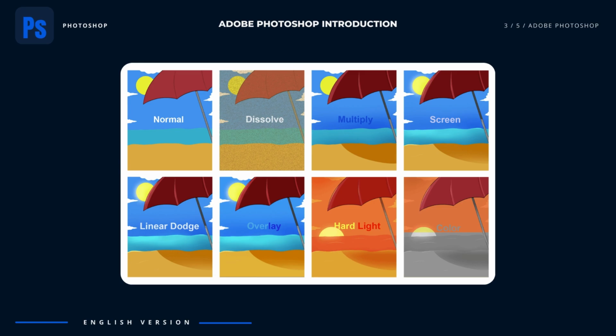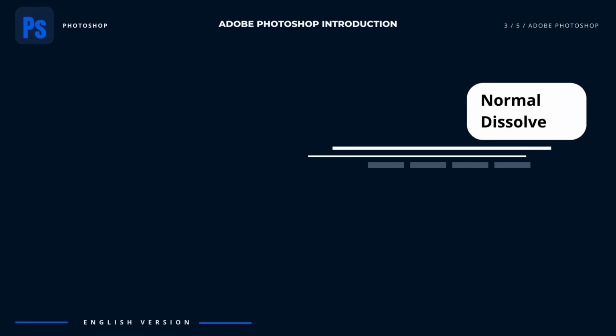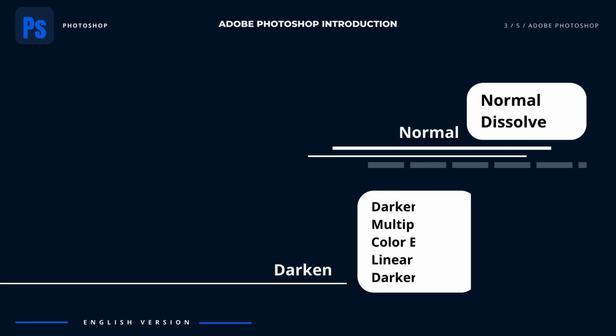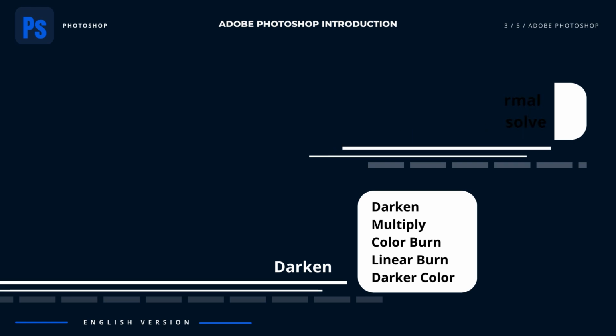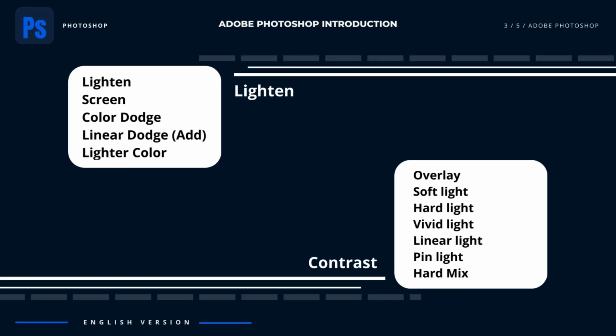These are examples of the blending modes that we commonly use. For the normal part, we have normal, dissolve. For darken, we have darken, multiply, color burn, linear burn, darker color. For lighten, we have lighten, screen, color dodge, linear dodge, and lighter color.